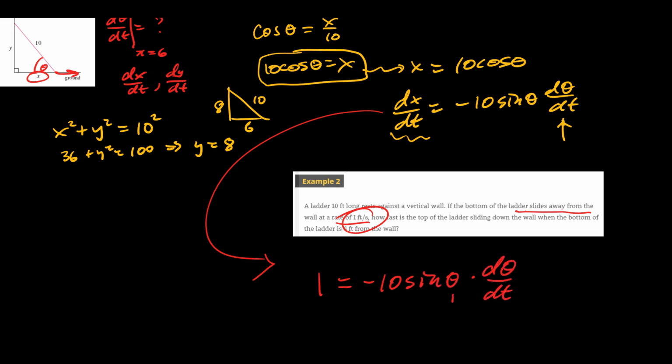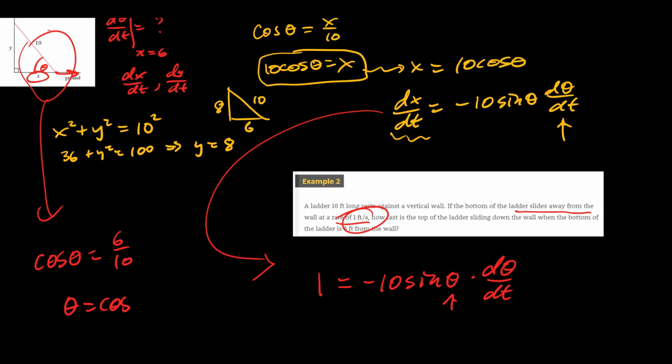Now, I don't know what theta is at that point, right? When x is 6. Well, when x is 6, cosine of theta is 6 over 10. And so theta is inverse cosine of 3/5.